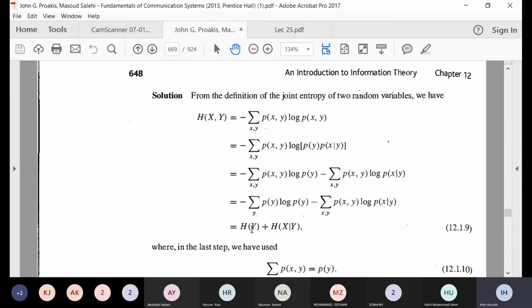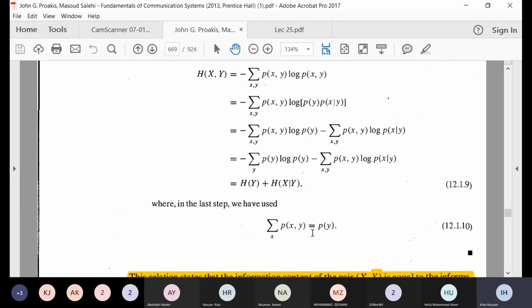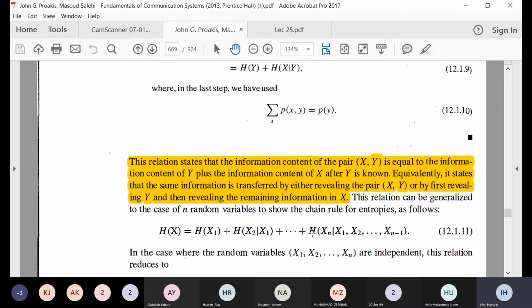So we already know y, so we now have the information content of y. Then whatever the information content of y is, plus the remaining information content of x, that will give me the joint information content of x and y. On this theorem, I need to repeat.